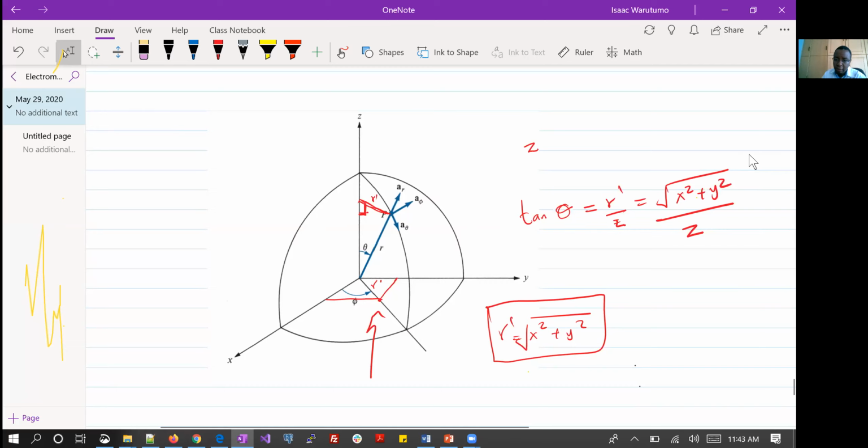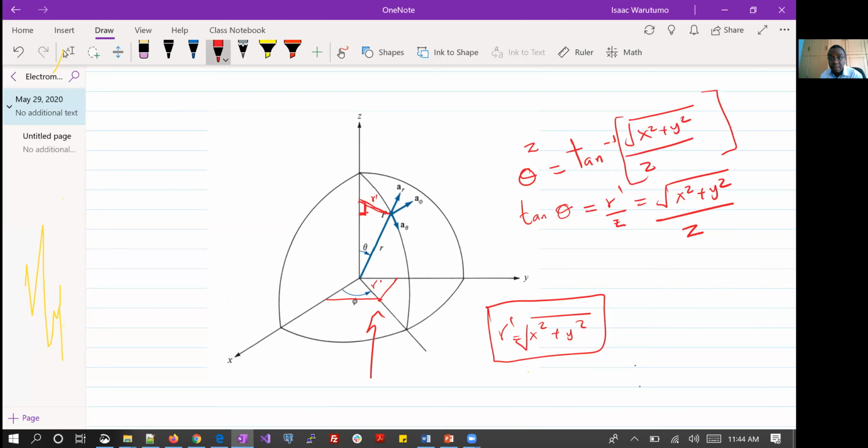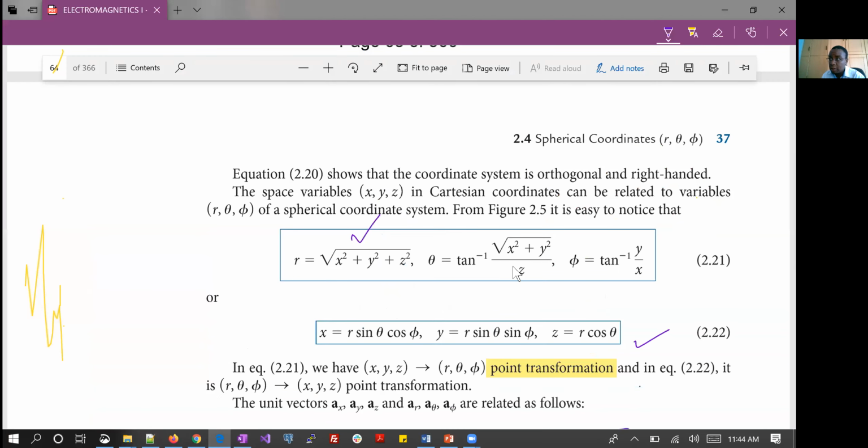Of course, if you want to find theta, you just say theta is equal to tan inverse of the square root of x squared plus y squared all over Z. So that is the one I was trying to say that you need to become conversant with.